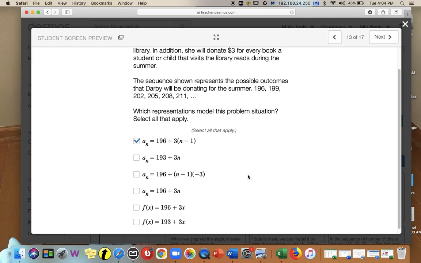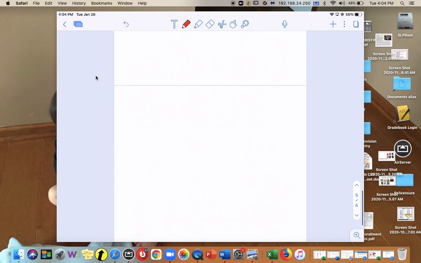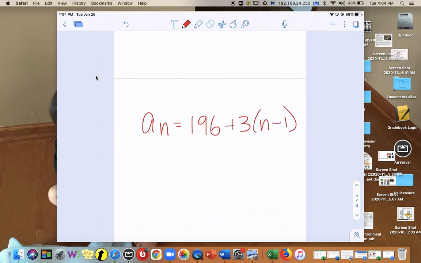If we simplify it, let's take a look at what that would be. And again, I'll show my work here. So we have A sub n equals, we start with 196. We're adding $3 per child. We can distribute and combine like terms. So we have 196 plus 3n minus 3.